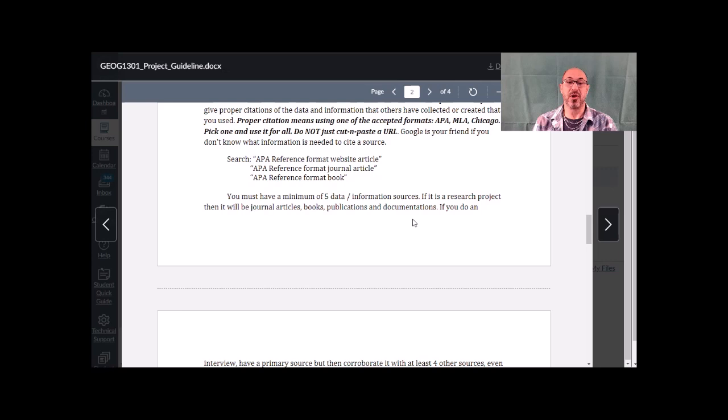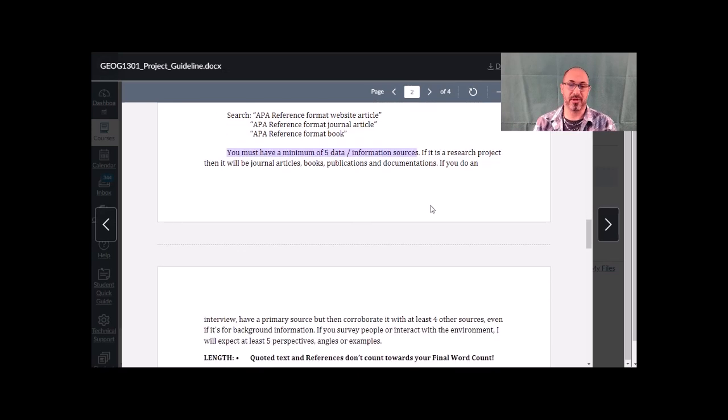All right, so you must have a minimum of 5 data or information sources. Okay? Minimum of 5. The more, the better. This shows me that you went out and did thorough research on your topic. They also need to be reputable sources. Okay?